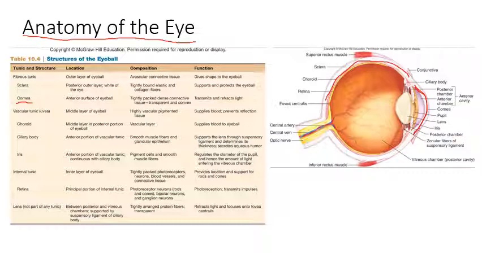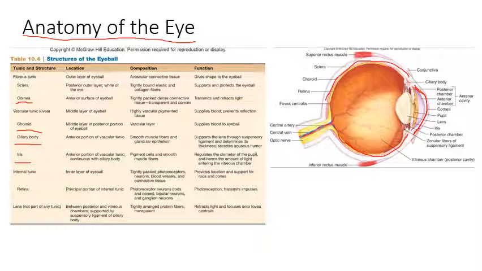That's the cornea. We have the choroid. That's the vascular layer lining here, this pink layer with the vessels in it. And then we have the ciliary body and the iris.